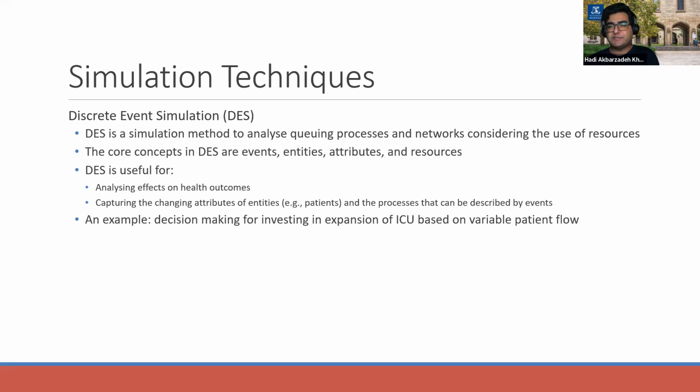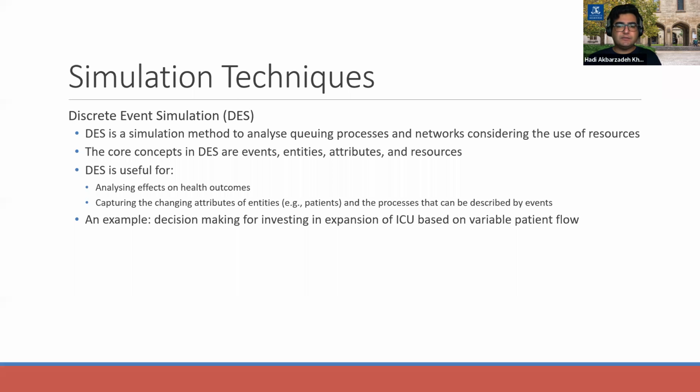and how many resources we need to spend if we want to meet some of the demands or satisfy the customer's or patient's satisfaction. The main elements in DES are the events happening, what the entities are in these events, what attributes they have, and how many resources they need.